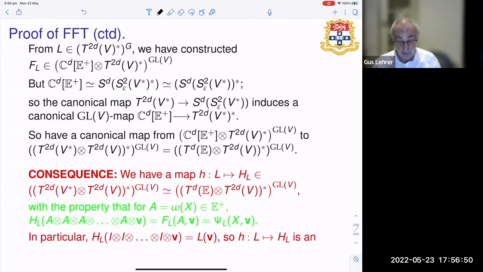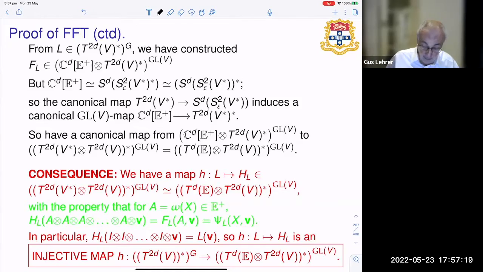So in particular, if you take A to be the identity, which is the identity dagger identity, then this is equal to L of V. So the map taking L to HL is injective, because you can recover L from HL.